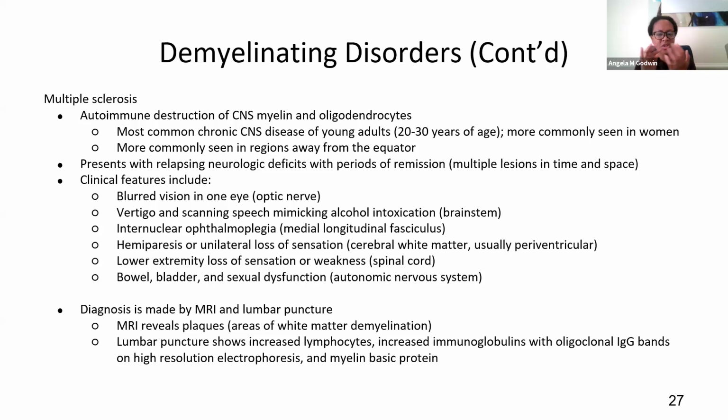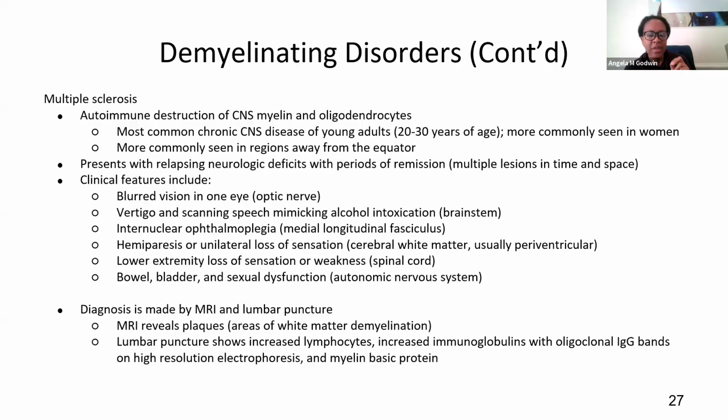There's a term, internuclear ophthalmoplegia, where plegia means lack of movement. This is particular to the eye. The demyelination occurs at the medial longitudinal fasciculus, which I'll show you in the brain, and that causes a prevention of eye movements.